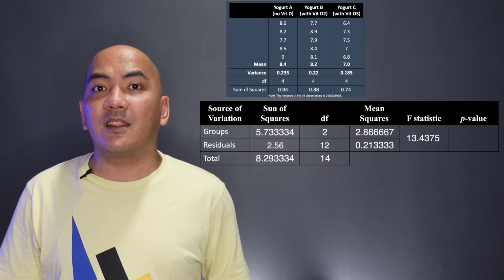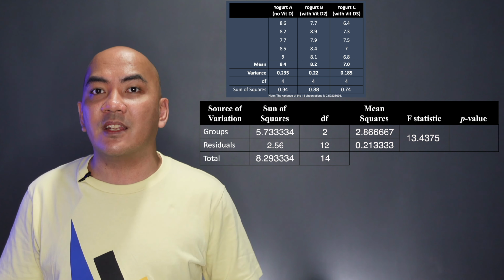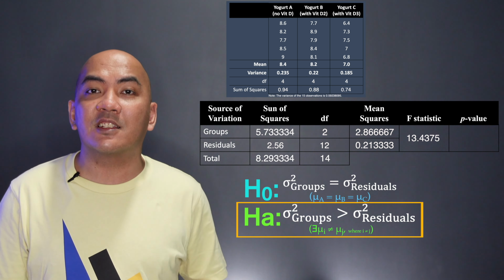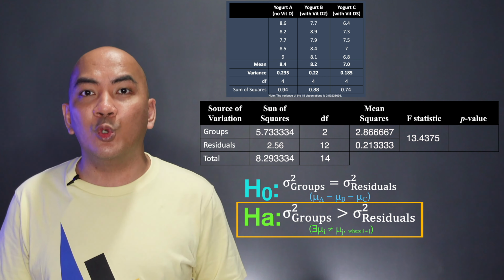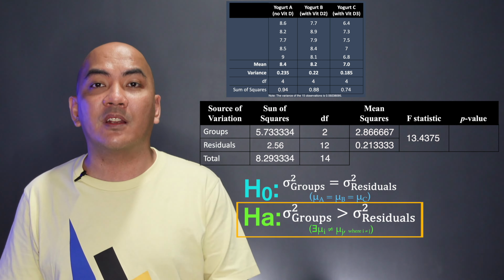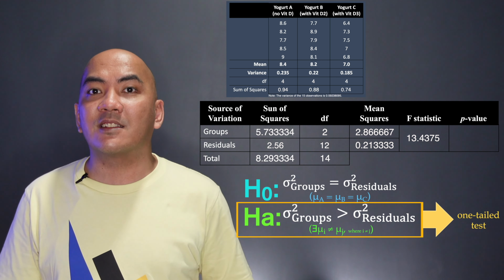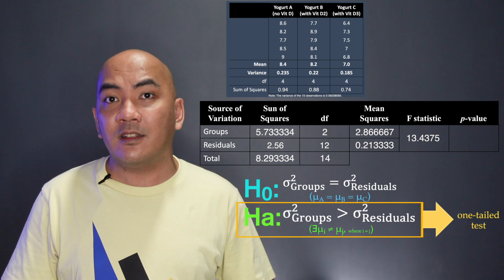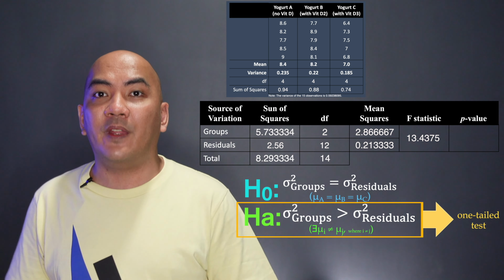So if the test statistic is 13.4375, and since the alternative hypothesis, theoretically speaking, is that the sigma squared of the groups is greater than the sigma squared of the residuals, that tells us that we are always performing a one-tailed test to the right in performing the analysis of variance.